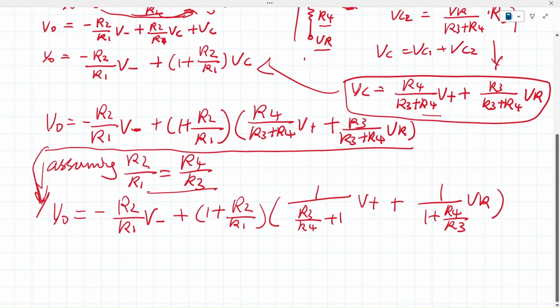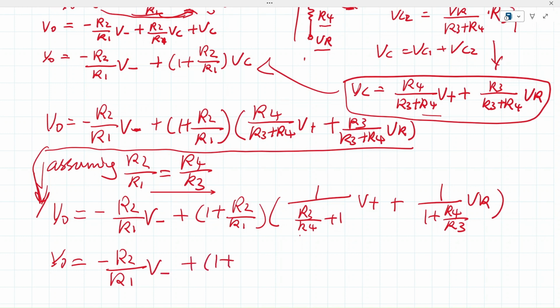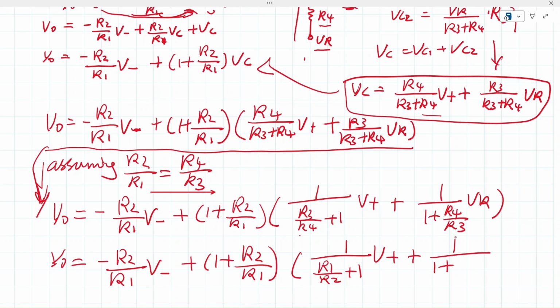Now we use this substitution here, so we replace all the R3/R4 with R1/R2. So we get Vout equals minus R2/R1 V minus plus (1 plus R2/R1), and here is 1, R3/R4 is R1/R2, right? So it's (R1/R2 plus 1) V plus, and 1 plus R4/R3 is 1 plus R2/R1 VR.